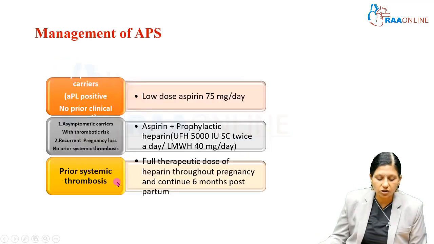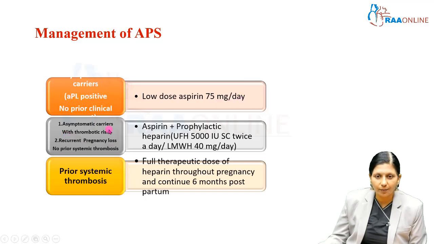Now, how are these obstetrical patients managed once diagnosed? We diagnose them with the Rotterdam criteria we saw in the earlier lectures. Now, if there are no prior clinical features suggestive of antiphospholipid antibody syndrome and they are carriers, we give them low dose aspirin, 75 mg per day.